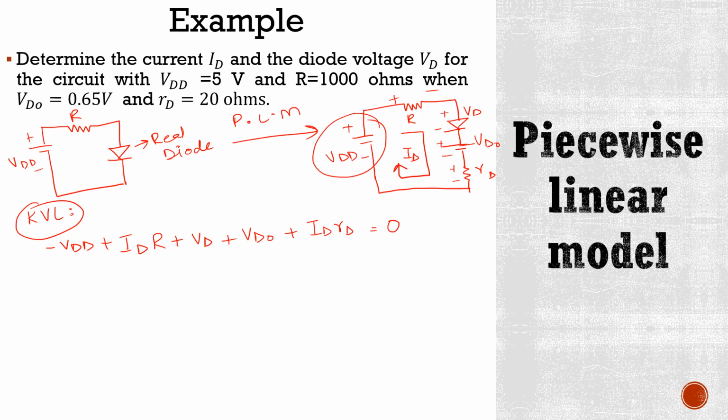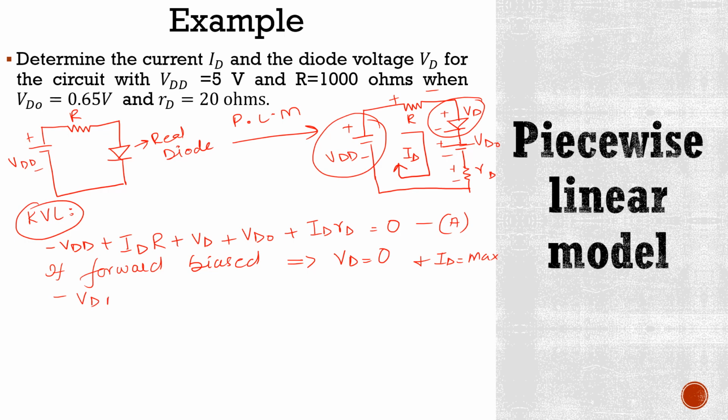Okay, now if this ideal diode is forward biased, it means in this case VD is equal to 0 and ID is maximum. So now this equation A will become minus VDD plus ID R plus VD naught plus ID RD is equal to 0.